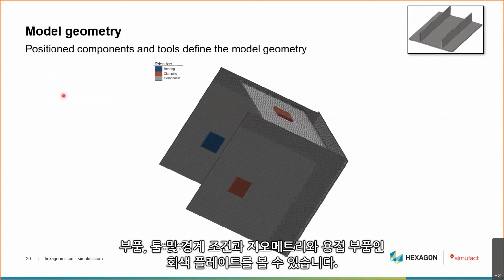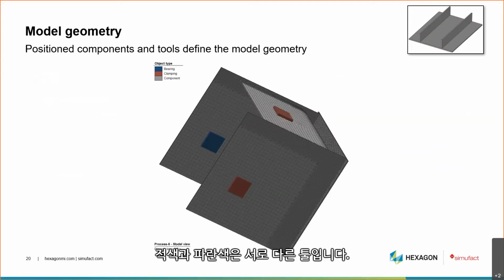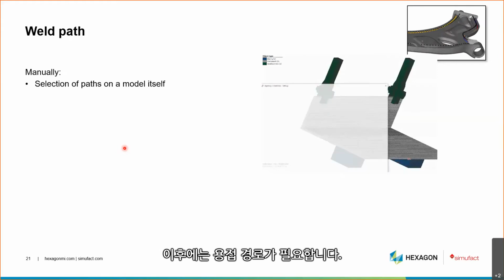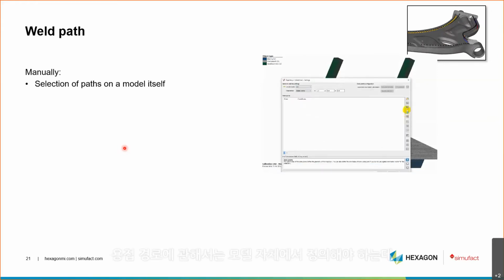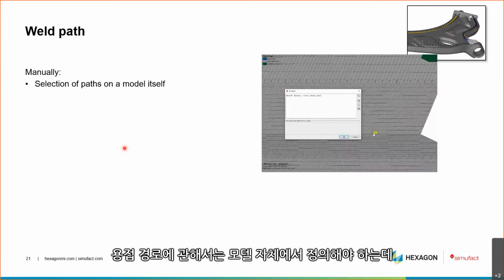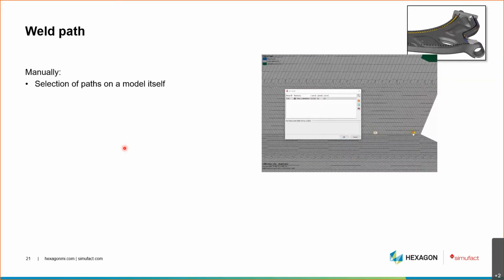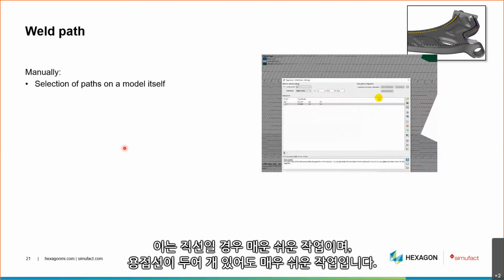So after we have our components, tools, and boundary conditions, we have at the end a geometry. So we have here these gray plates being components to be welded, and we have these red and blue plates being idealized, in this case, different tools. After we have this, we need a weld path. The weld path can, of course, be defined on the model itself, which is very easy to do for straight lines and very easy to do if you only have a couple of weld lines.